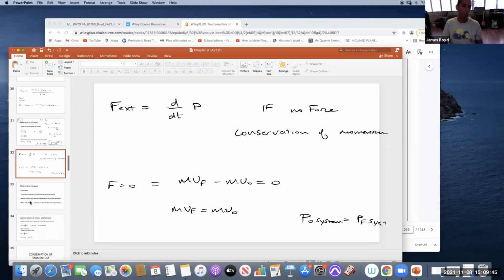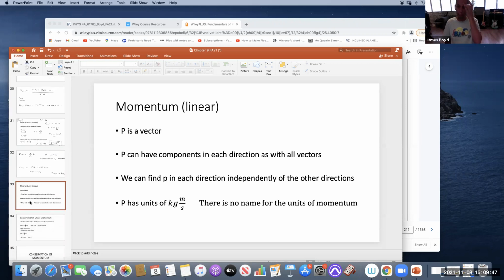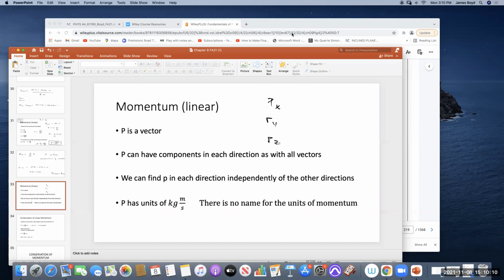Okay. So P is a vector. It has components, so we can talk about the momentum in the X, the momentum in the Y, and the momentum in the Z, just like we talk about the velocity in the X, Y, and Z. It has the same vector quantities as velocity. In fact, it's because of the velocity.